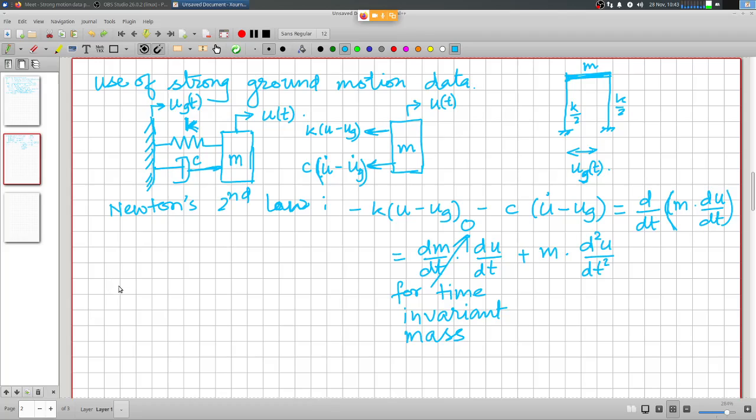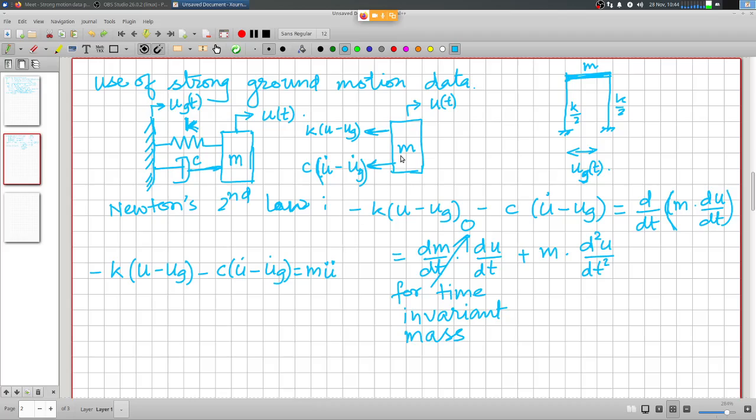So we are left with, let me just say d2u by dt2. So mass times acceleration.